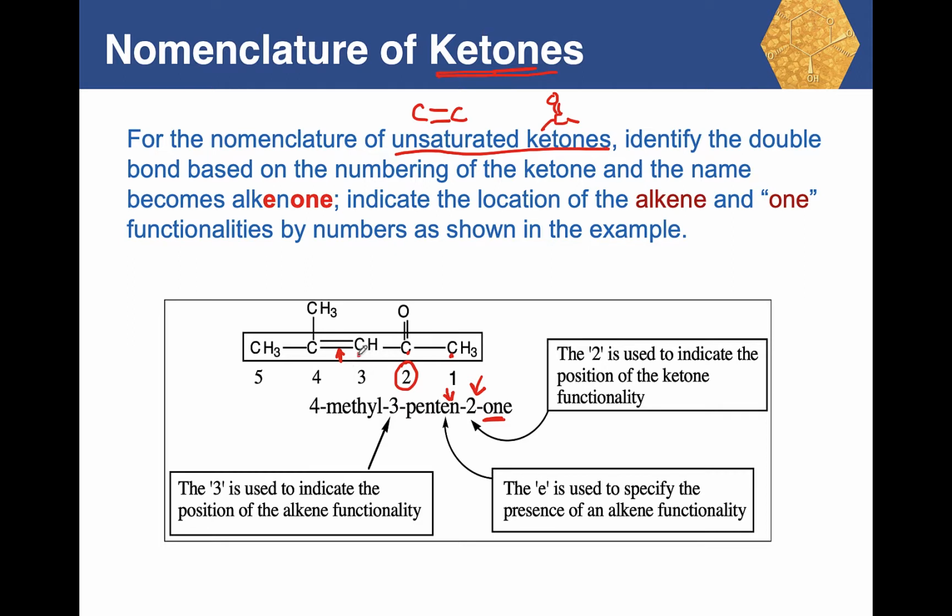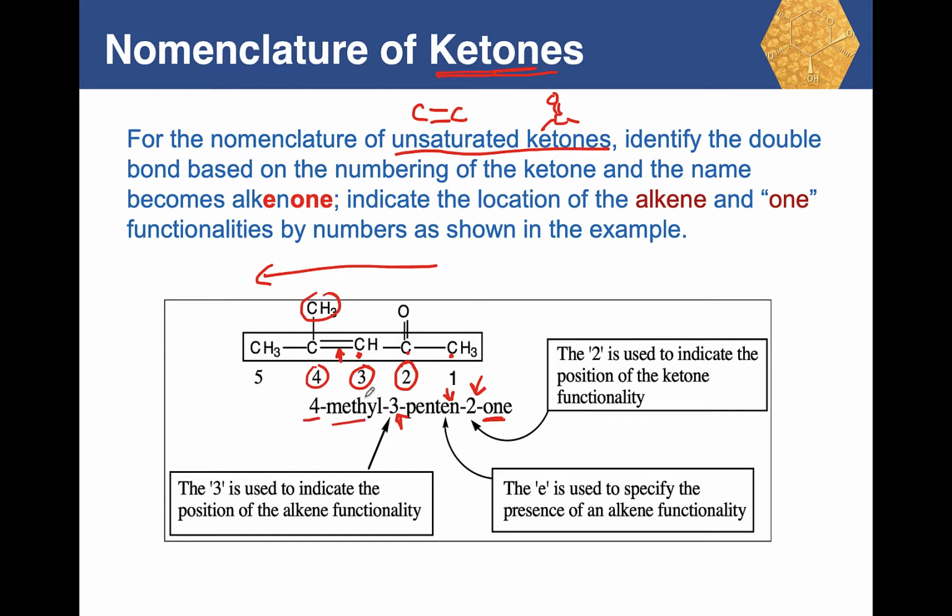It's on carbon number 3. Why carbon number 3? Because we're numbering in this direction, and the carbon of the double bond which first appears gets that number. So 3. So this 3 here is to indicate the position of the double bond. And of course, on carbon number 4 is a methyl group, so here's 4-methyl.